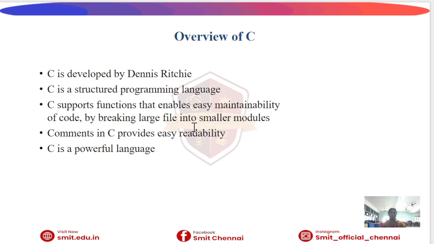C also supports comments, which improve the readability of the program. Comments help other programmers understand what the code is doing. C is a powerful and efficient language, which is why it is widely used in embedded systems, operating systems, and device drivers. Because of its speed and low level control, C is very suitable for embedded applications.